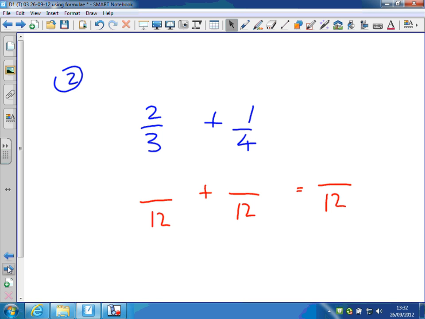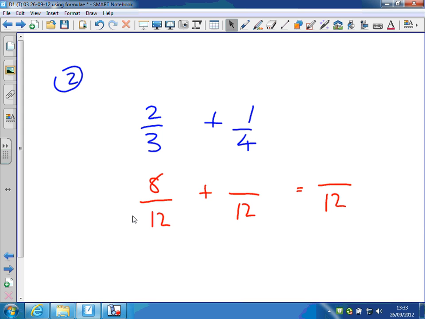I ask myself, what have I got to times a 3 by to get 12? 4. So therefore I must times the top by 4, so that I've not changed the fraction. So 4 2s are 8. I'm looking at it, 2/3 is the same as 8/12.